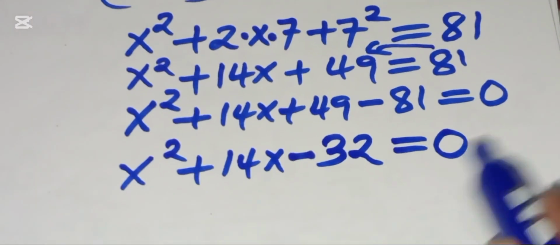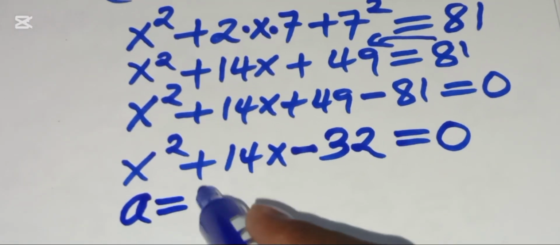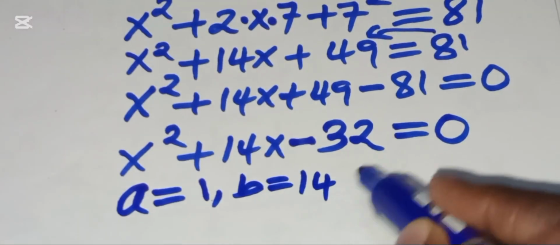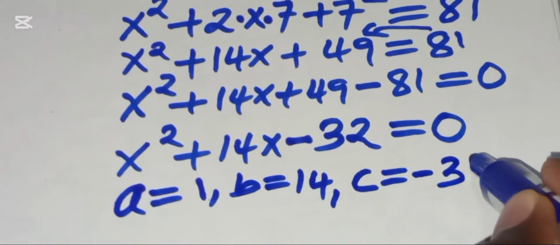This is a quadratic equation, whereby a is equal to 1, b is equal to 14, and c is equal to −32.